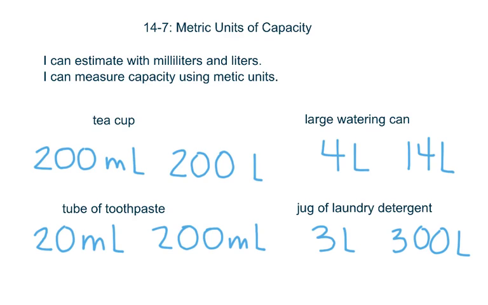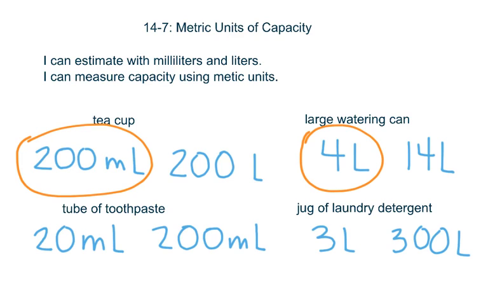Okay, let's go through and take a look. For a teacup, it is much more likely that it would hold 200 milliliters, not 200 liters. A large watering can is more likely to hold 4 liters than 14 liters. Some of these you can also use other items that you already know of.